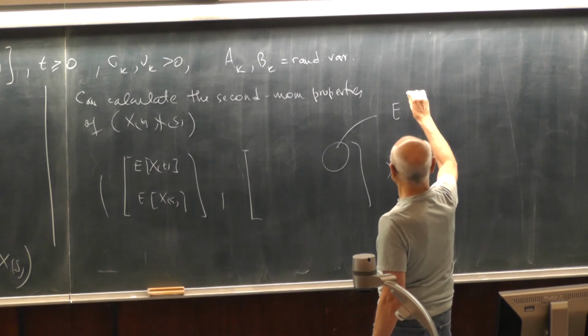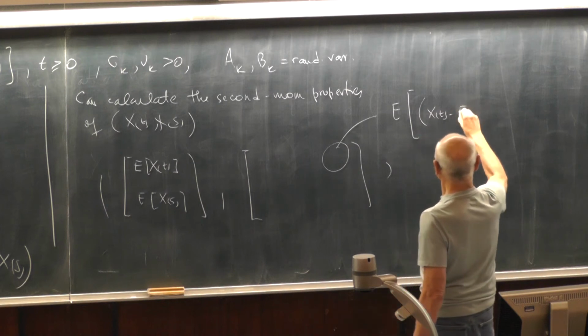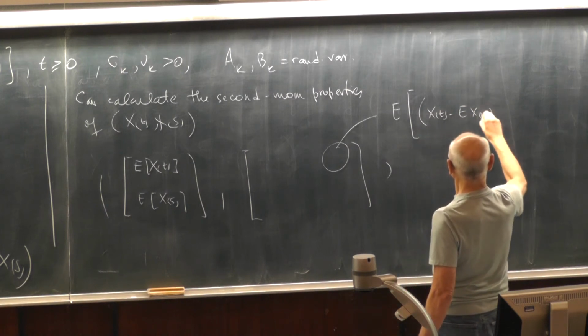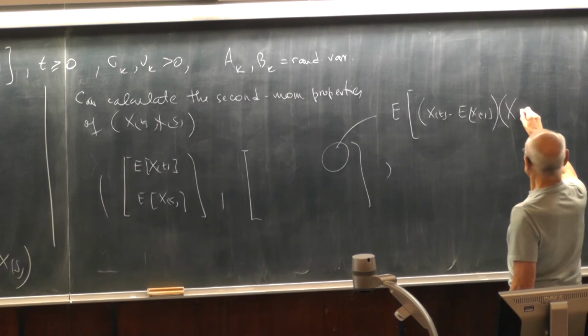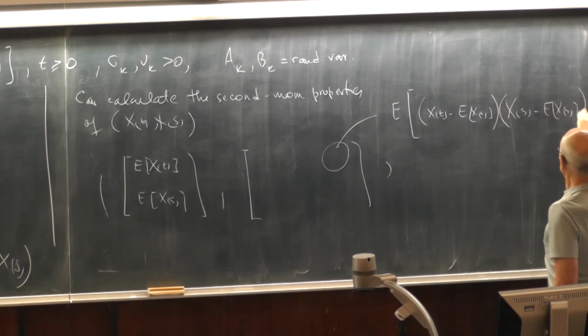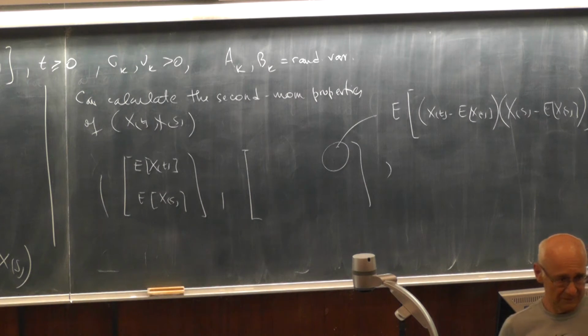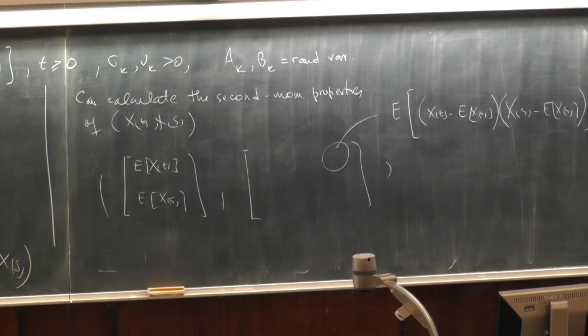So the expectation of x of t minus its expectation, times the same for x of s. So exactly what we did for random vectors, no difference. And I said t and s are arbitrary but fixed.